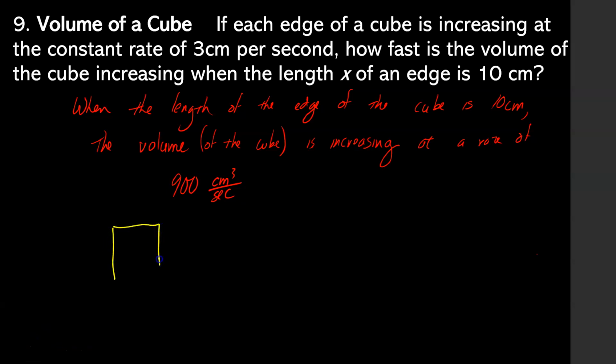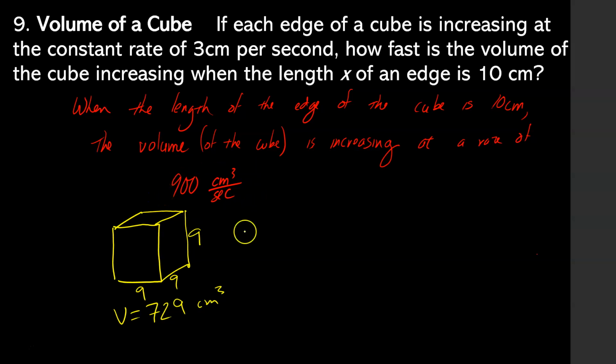So, earlier we had said that maybe at one point the cube had side lengths of 9, which would mean the volume of that cube would be 729 centimeters cubed. So pretty big, but this 900, this rate we got, is even bigger than that.